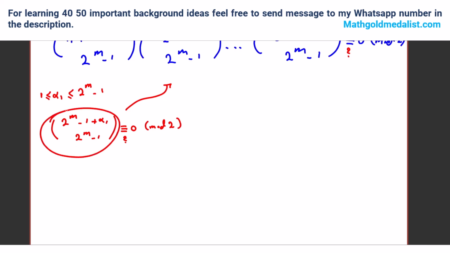So when we want to prove this one is even, we should do what? V2 of this. Exactly, V2 of this. So how can we calculate V2 of this? V2 of this one is what?